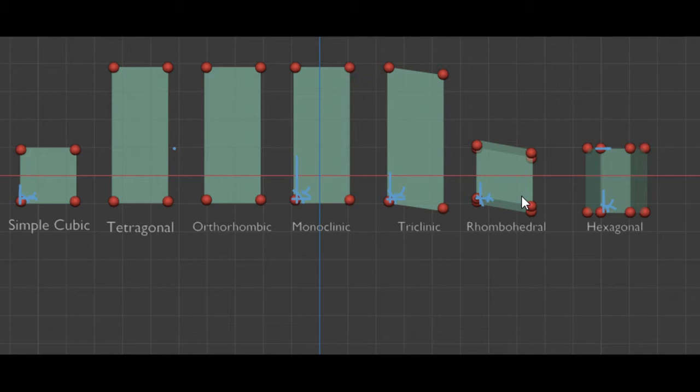Coming to next, rhombohedral lattice. Rhombohedral lattice is like simple cubic lattice, however tilted in space. So basically, like simple cubic lattice, all the sides are equal, however being tilted, the angles are not of 90 degrees, however they are equal.